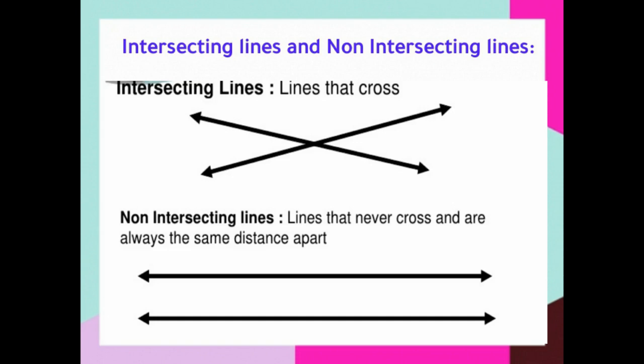Two lines cross each other. These two lines are called intersecting lines. Next, non-intersecting lines. Lines that never cross and are always the same distance apart. Look at the figure. There are two lines. Those lines never cross and there is always the same distance between them.